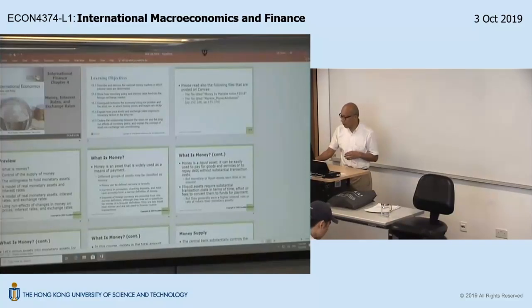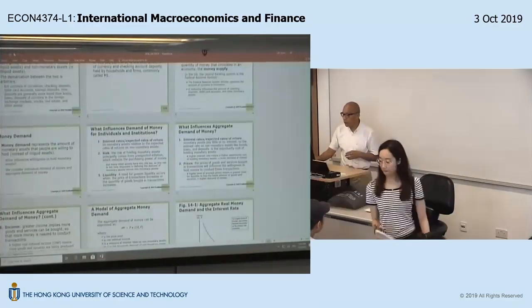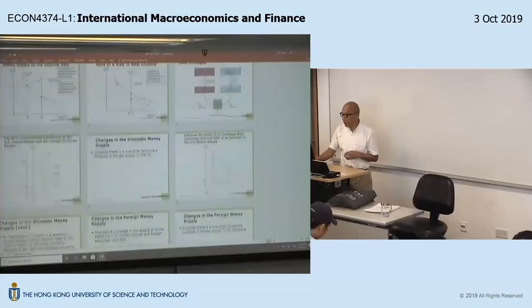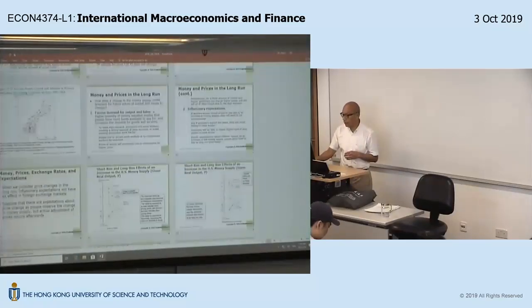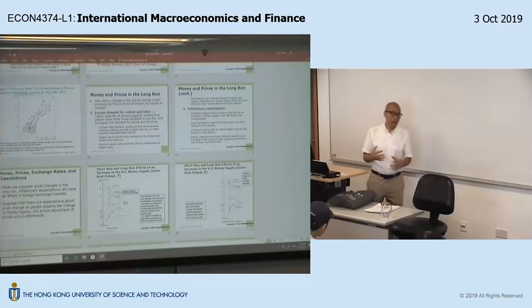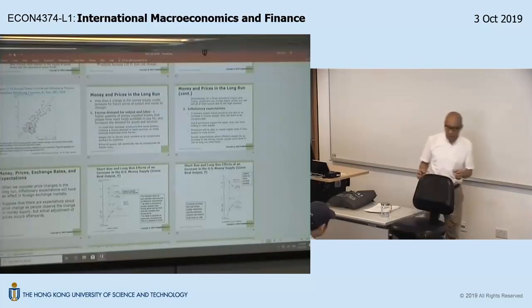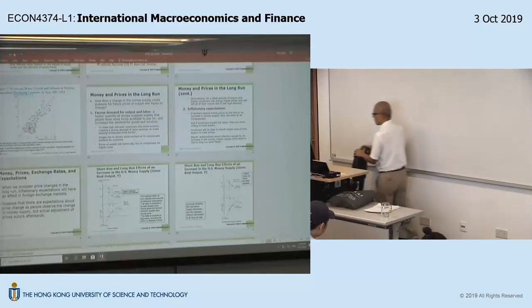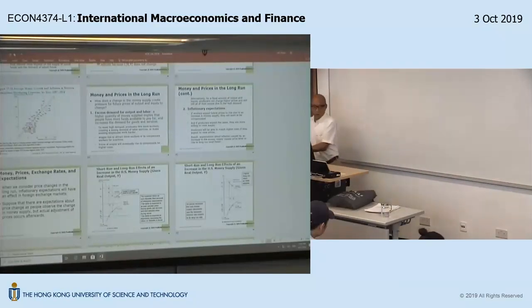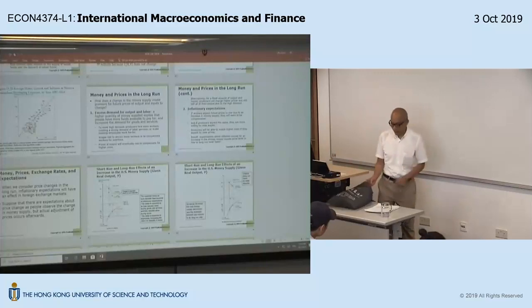Last time before the break, we almost completed chapter 4. So we talked about temporary versus permanent change in money supply, and the distinction between short run and long run, right?